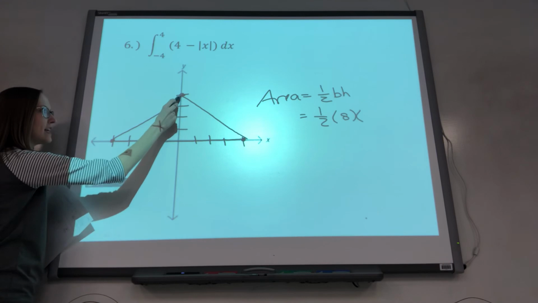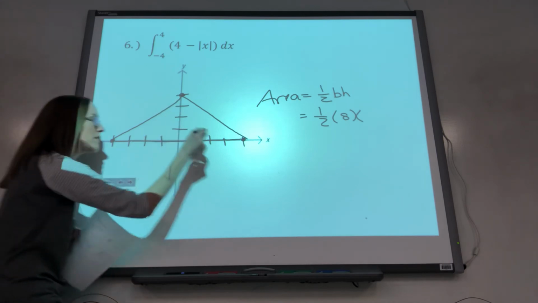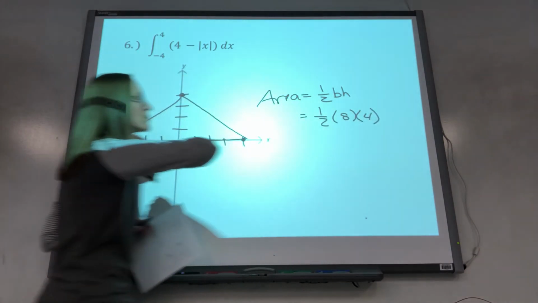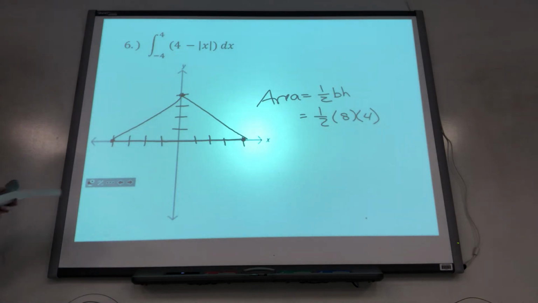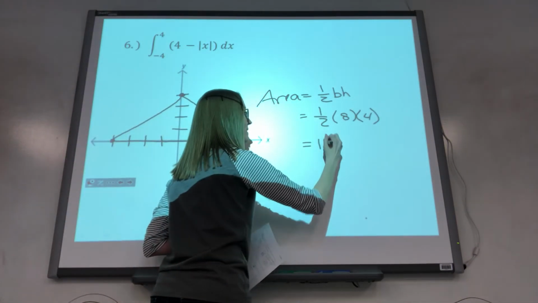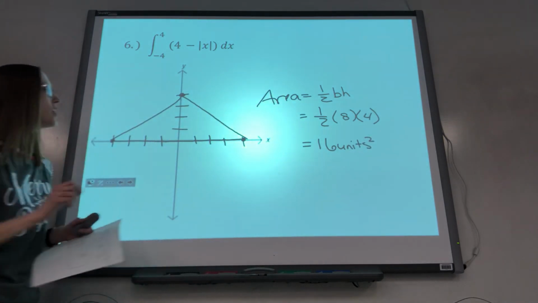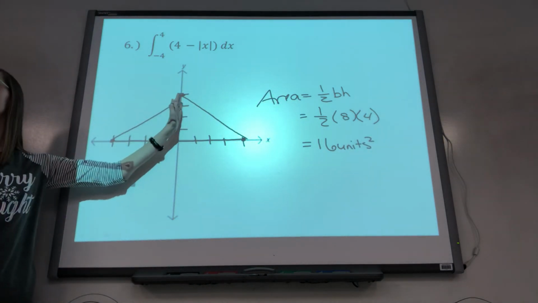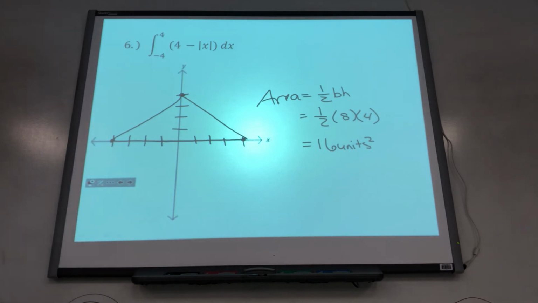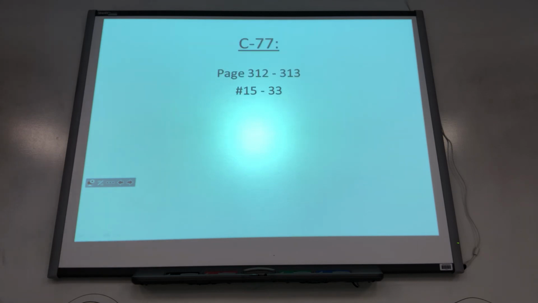Kind of have to look right here for the height. 1, 2, 3, 4. So 8 times 4 is 32. 1/2 of 32 would be 16. So 16 units squared. You could also kind of cut that into 2 triangles if you wanted to find the area.